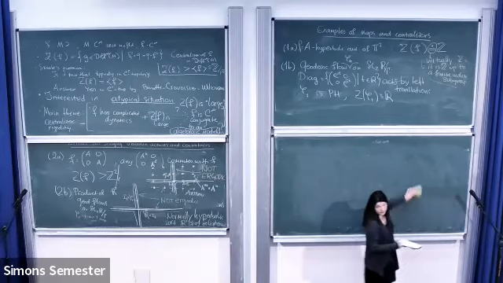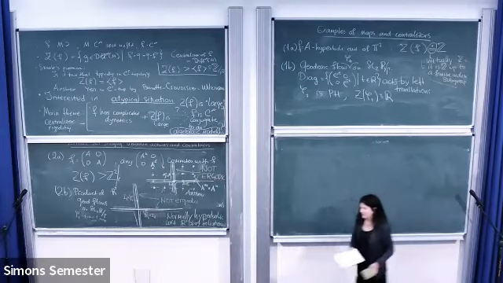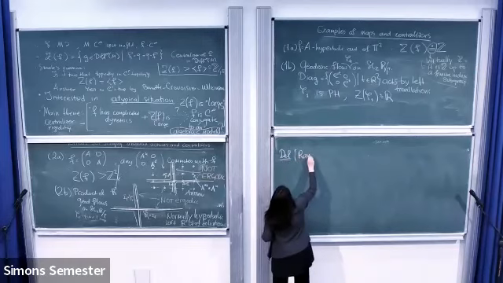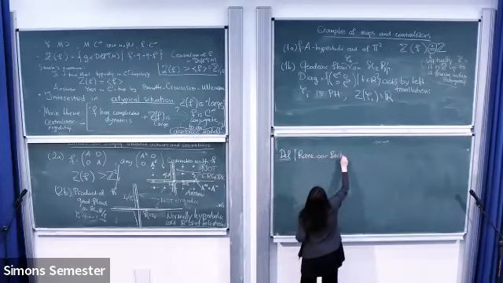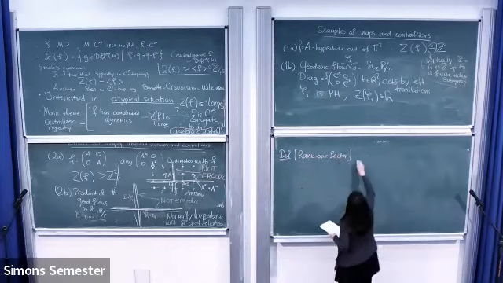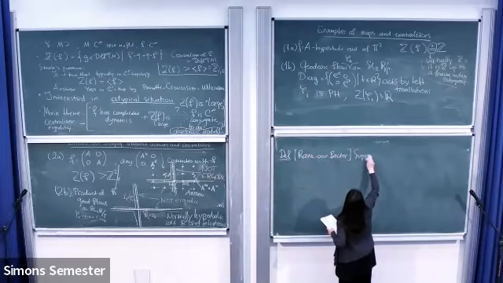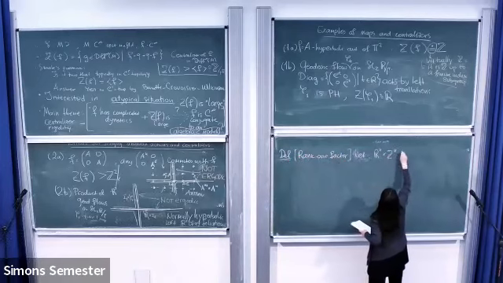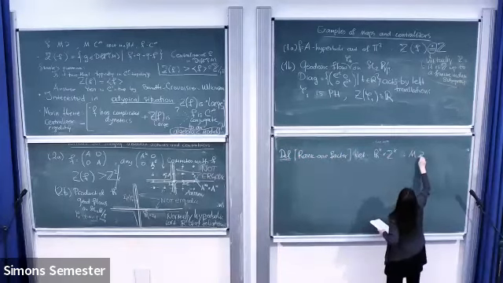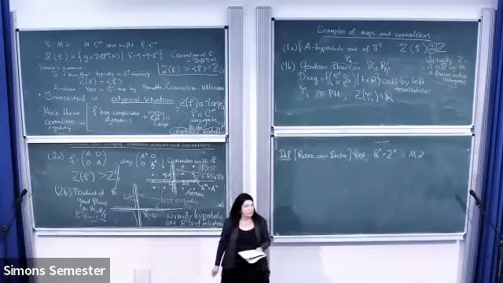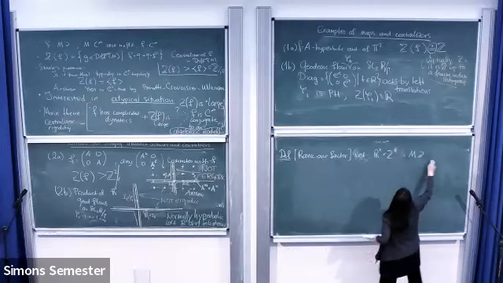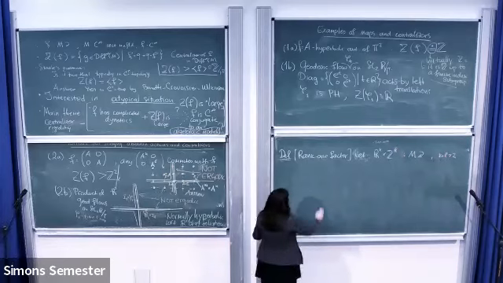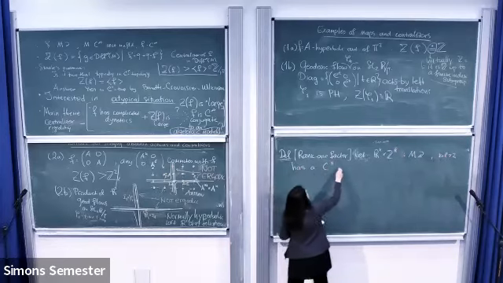Suppose that R^k × Z^l acts on a manifold M. Now let's say k plus l is equal to q, then it makes sense. The definition: a CS rank one factor.